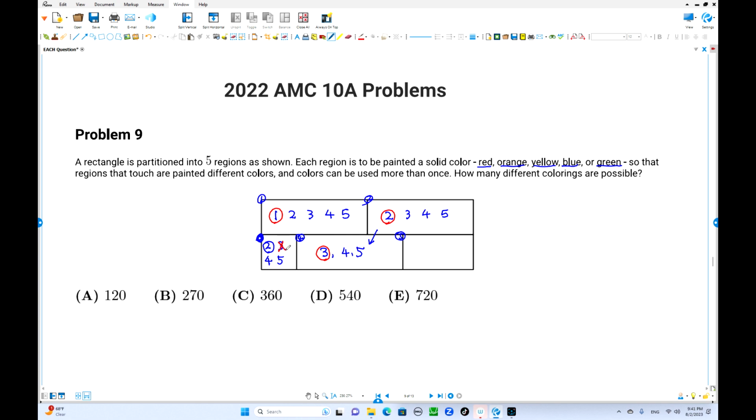This is out. So we have only 2, 4 and 5 available, 3 numbers. This number is okay, right?